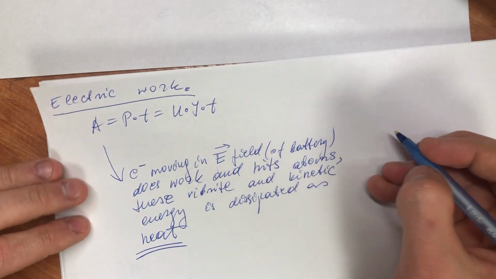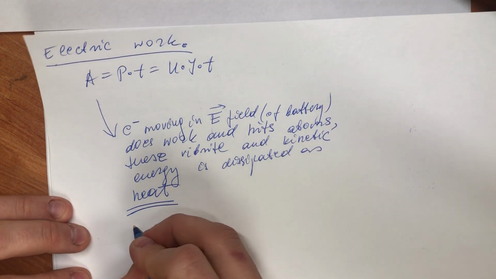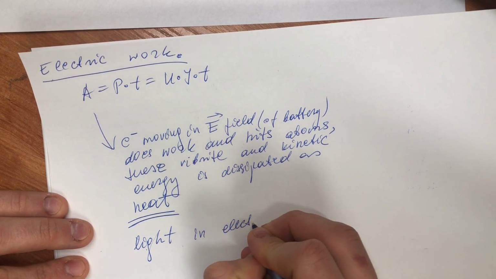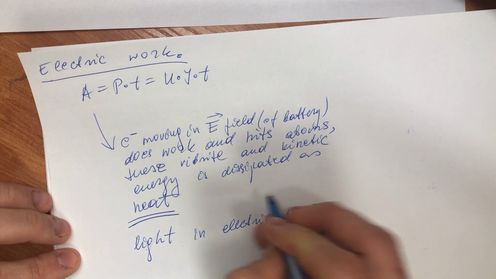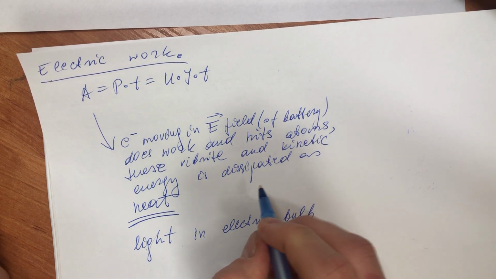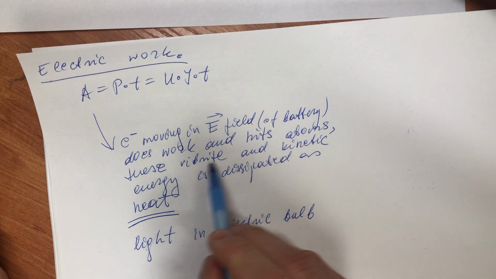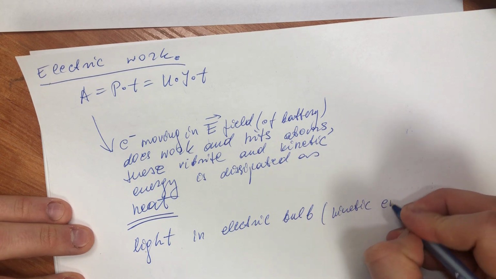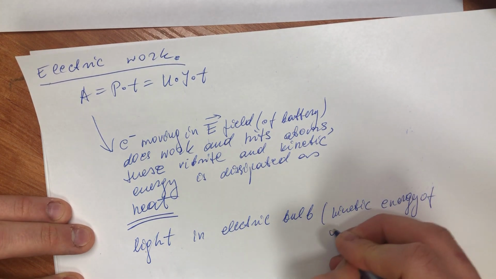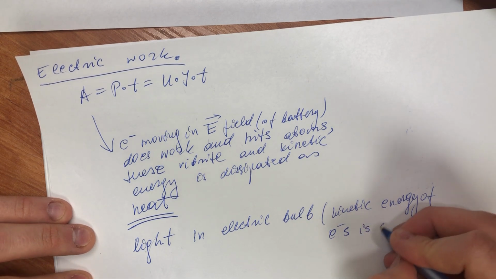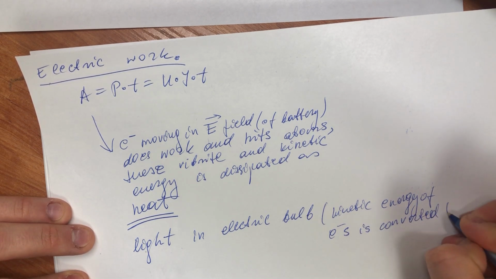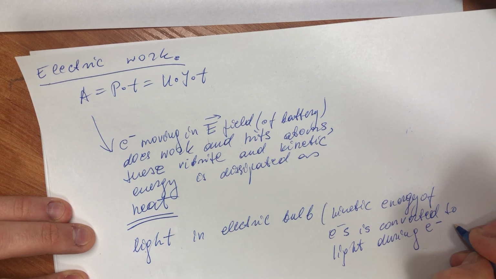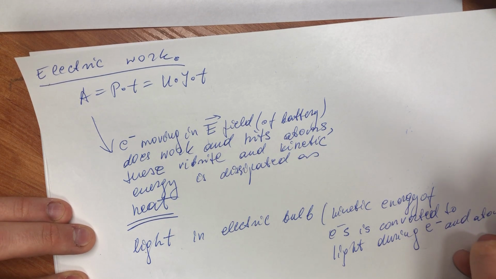Another thing that work can be turned into is light in an electric bulb. The same kinetic energy of electrons is converted to light during the electron and atom collision.